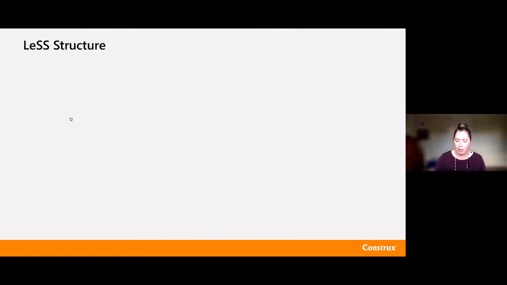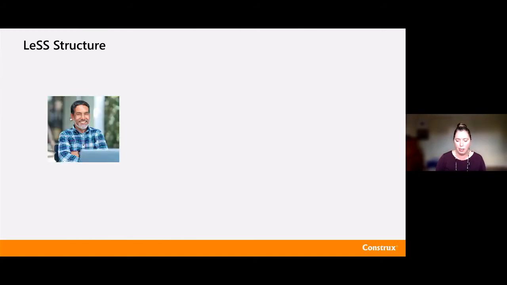The structure for LeSS is that you're going to have up to 8 Scrum teams working together in this structure. They all have a single product owner. The teams tend to be high preference for feature teams so that the teams can build something that actually produces end-to-end visible user value.